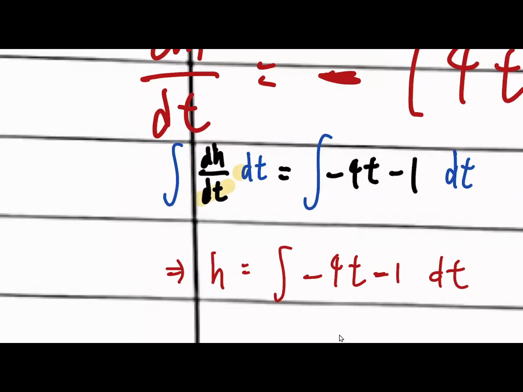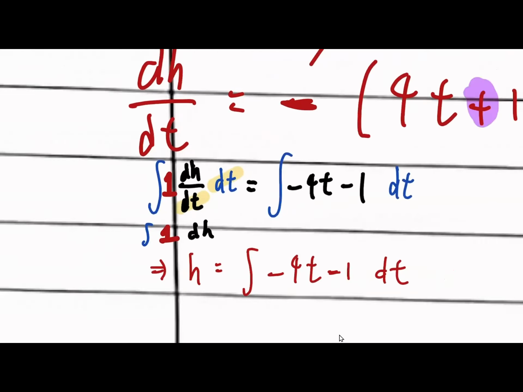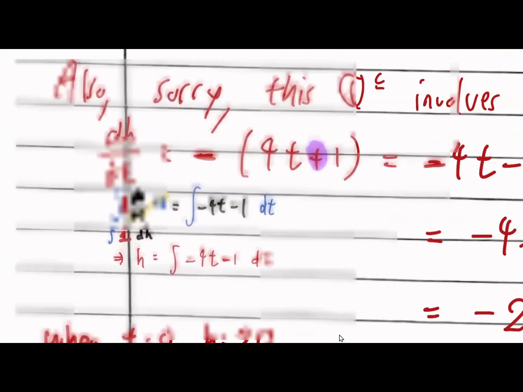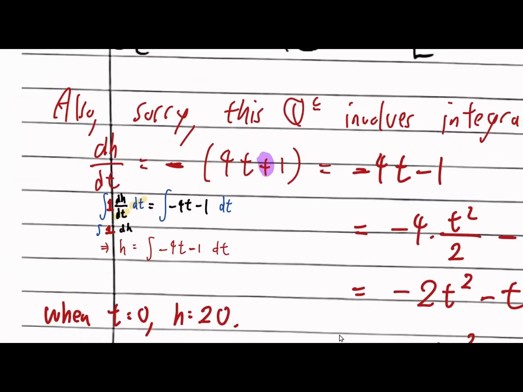The dt and dt can cancel away. There is an invisible 1 over here, so what you're left with is integral of 1 dh. Integrate 1, you get h. Differentiate h, you get 1. Work backwards, you get h. I'm skipping a few steps, if you can catch what I'm saying.